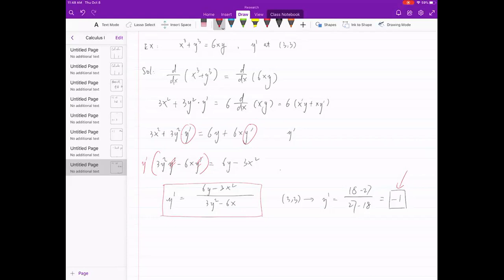All right. Questions? Good. From here, you can see implicit differentiation is not hard because everything before follows.